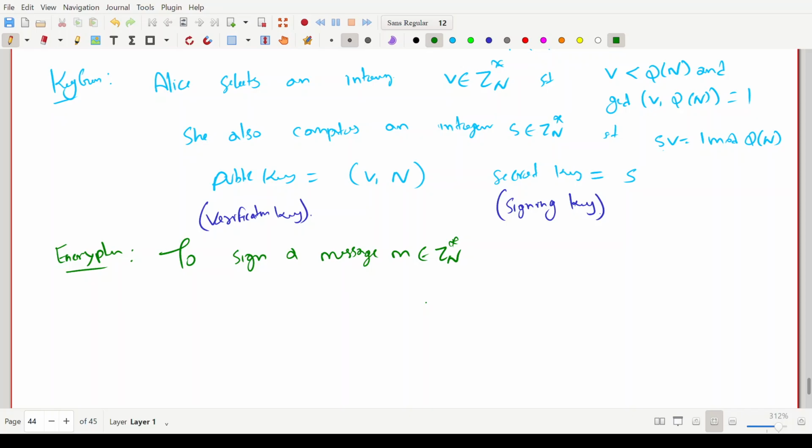Actually, M should belong to Zn star only if a hash function is not used, but we are using a hash function, so there is no need of this. We'll be using a hash function.